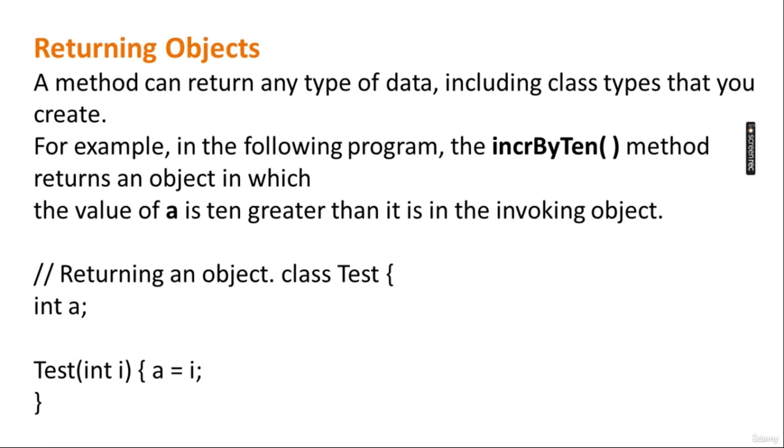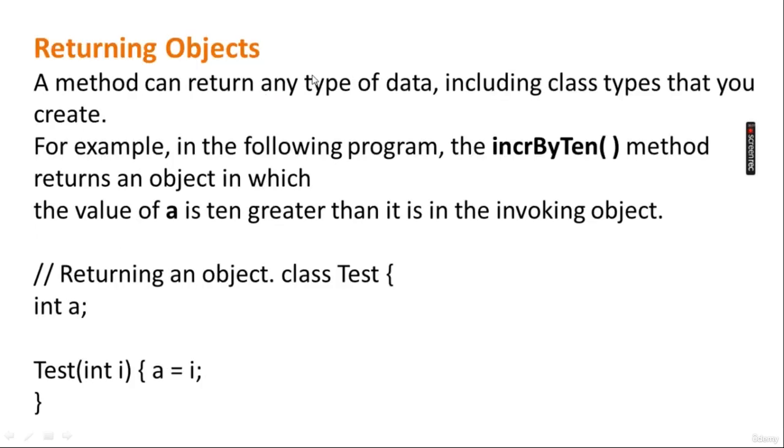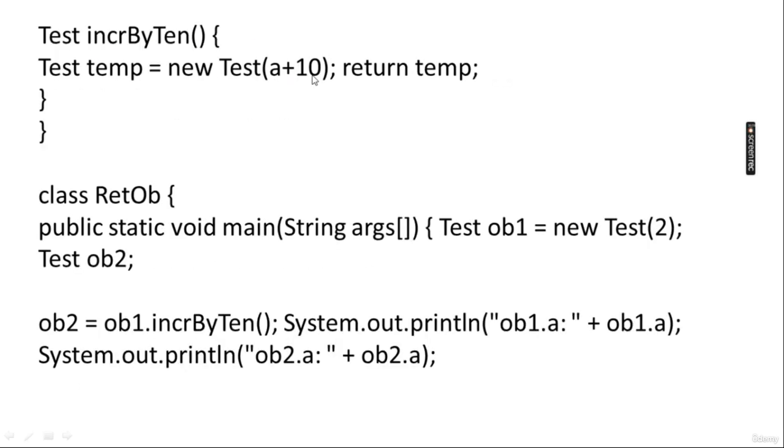Now, class Test. Here is one variable, int a. Test of integer i, a is equal to i. Test incrementByTen: Test temp is equal to new Test(a plus 10), return temp.